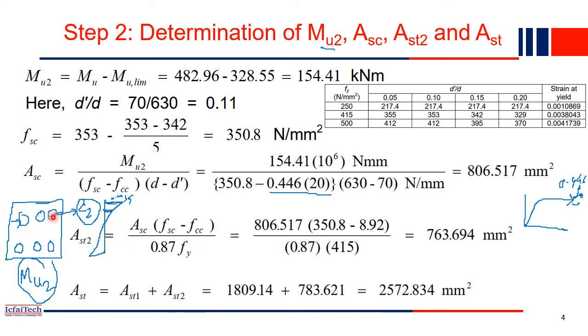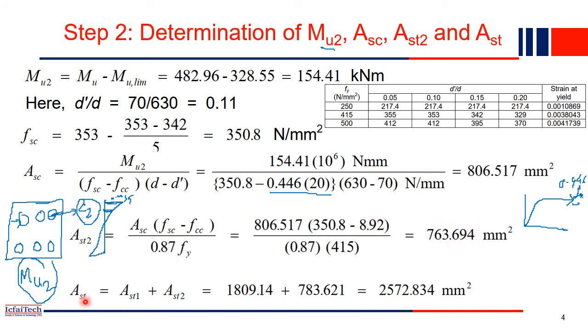Total compression force is stress into cross-sectional area, right? This equals the total tension force. The tension stress is 0.87 Fy, multiplied by AST2, which gives the total tension force. From this expression we can find AST2. Just plug in all the values and you will get it.